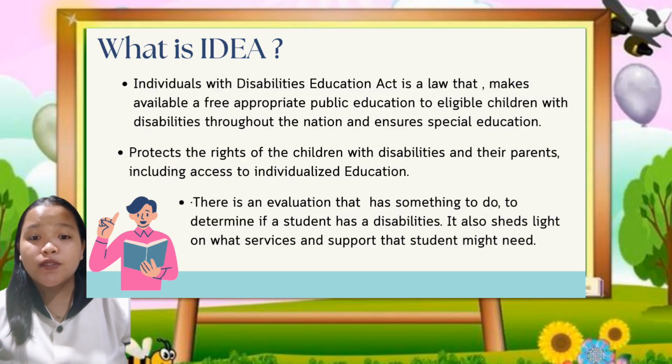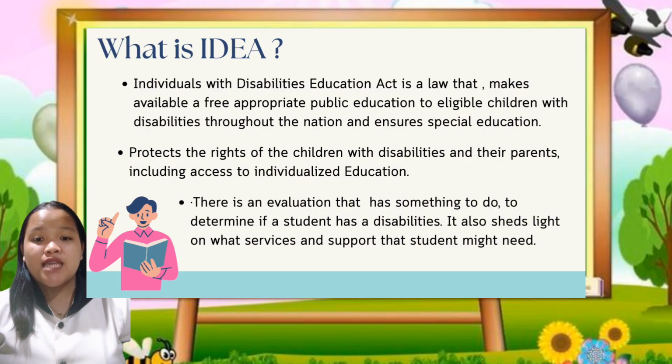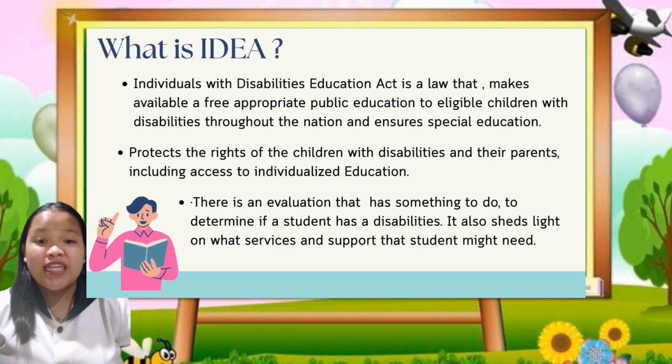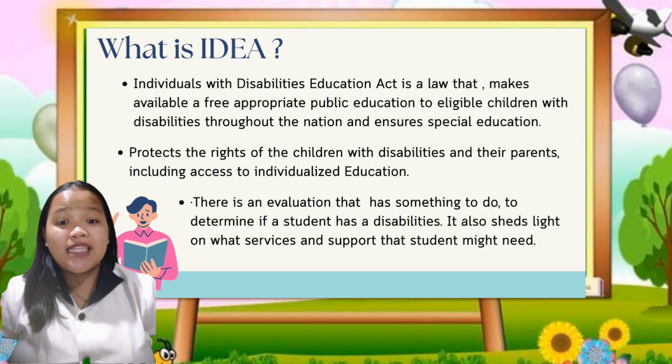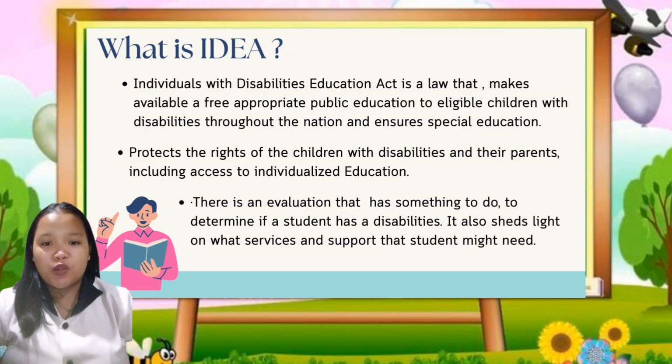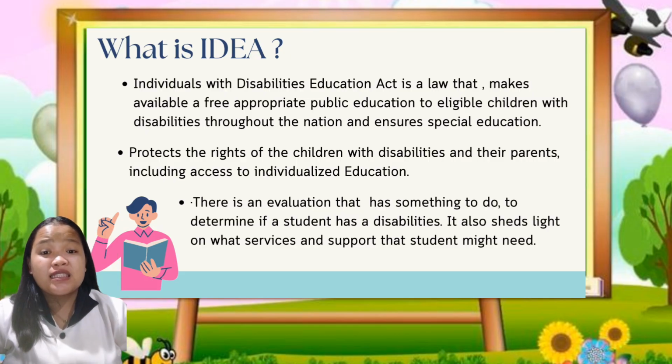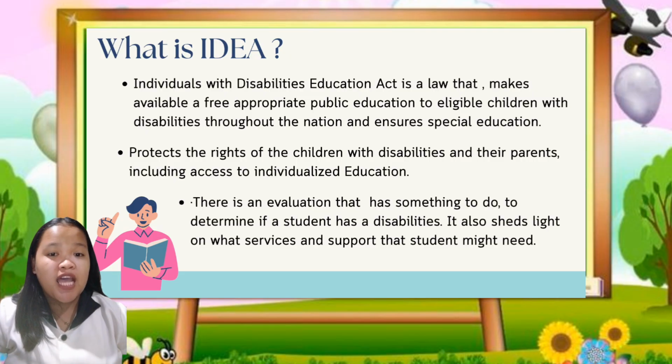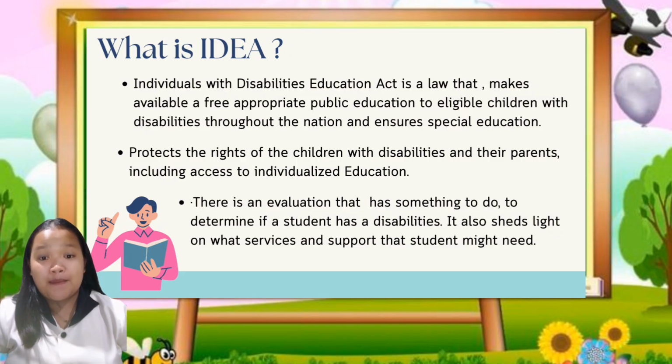Parents' rights are protected via involvement in decisions such as evaluation and the IEP, or individualized education program. In IDEA, there is an evaluation. This evaluation is to determine whether that particular child is a child with disabilities.